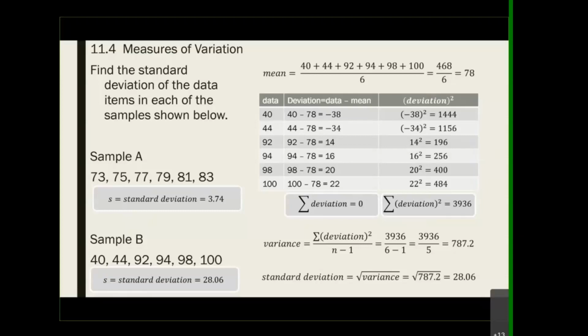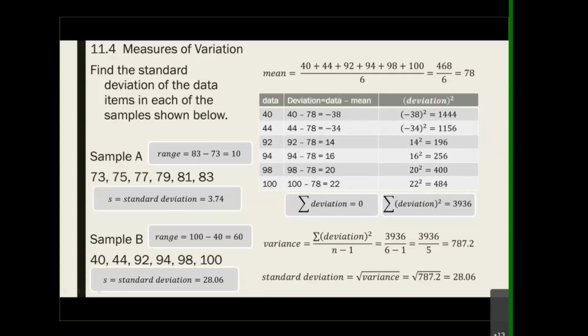So Mr. Tran, the 6 minus 1 under the variance equals deviation, you get that 6 minus 1 from the n minus 1? Yes. And the n is the total number of data. Oh, the n is, okay. All right.